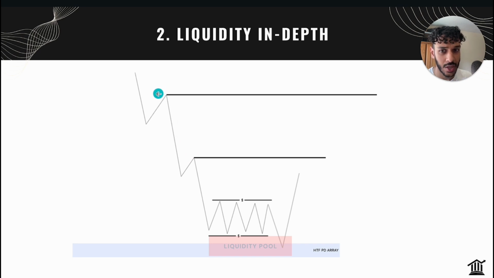Above old highs rest some level of buy stops. So when price meets these old highs, there are already willing buyers to buy back the positions from smart money so that smart money can actually exit their positions. And that's why when old highs are taken, you often see a minute pullback.